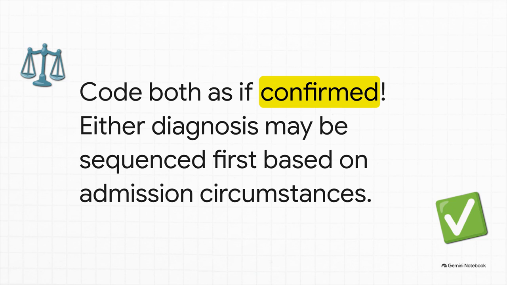Under Section 2D, in the inpatient world, you actually must code both as if they were 100% confirmed. And just like with those interrelated conditions, you have the flexibility to sequence either diagnosis first. The logic here makes total sense. The hospital still expended massive resources to work up and rule out those serious conditions, so the facility absolutely deserves accurate DRG compensation for that level of care.